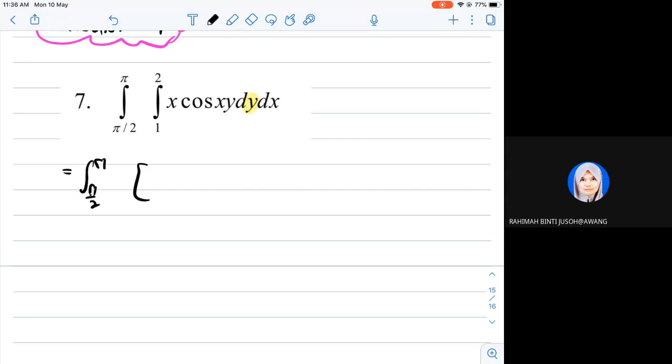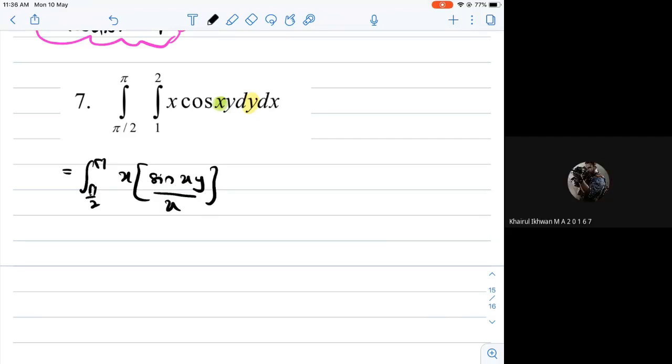X tu just a constant kan? So, x tu duduk luar siap-siap lah. Dia just sekadar satu nombor. Lepas tu, integrate cos xy tu, you dapat apa? Dapat sin kan? Sin xy. Lepas tu, constant dia ni bawa ke mana? Warna hijau. Constant ni bawa ke mana? Bawah. Bawah, yes. Gitu. Faham?